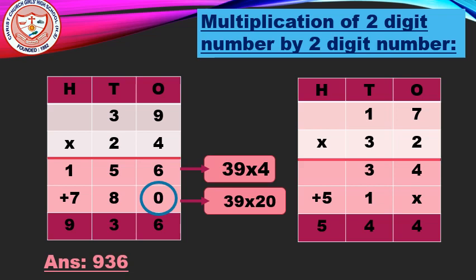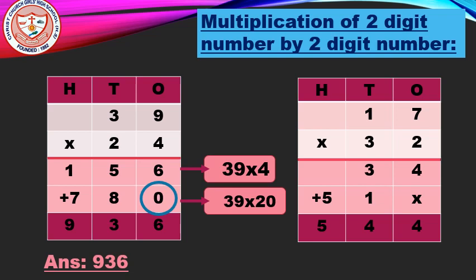The first one is 17 into 2 and the next one is 17 into 3. So we know 17 into 2 gives us 34.